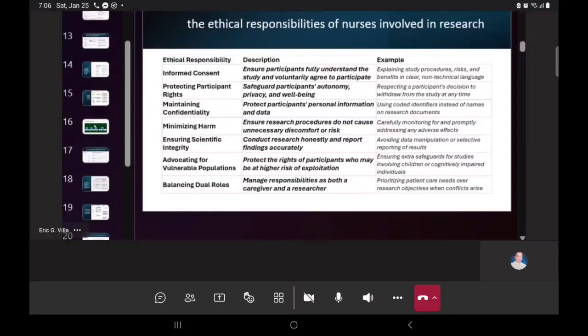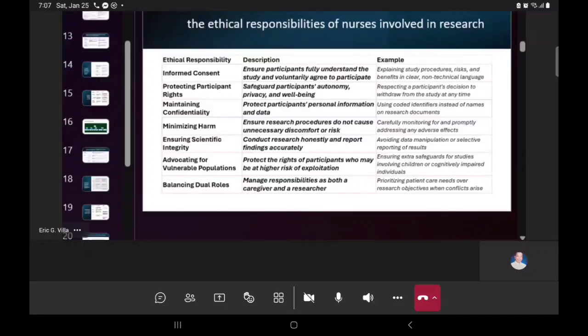Maintaining confidentiality is essential in research ethics. Nurses must protect participants' personal information and research data, often using coded identifiers instead of names to maintain anonymity. This responsibility extends to data storage and reporting practices.